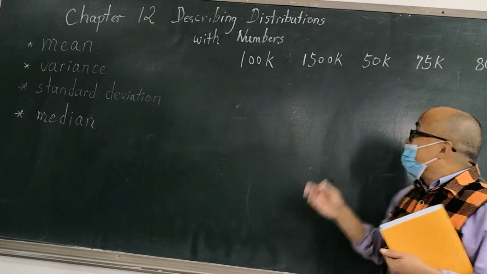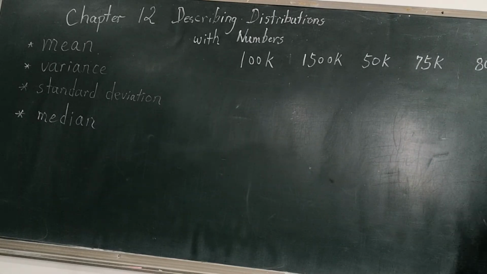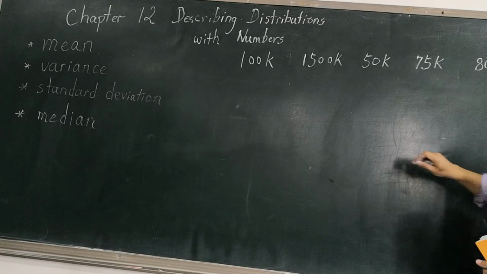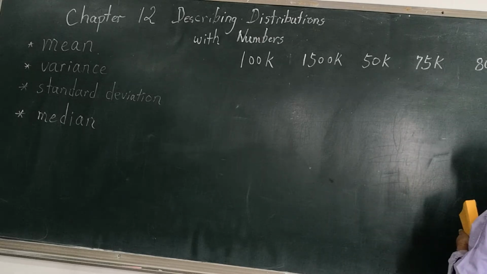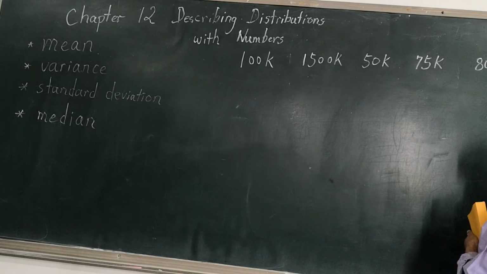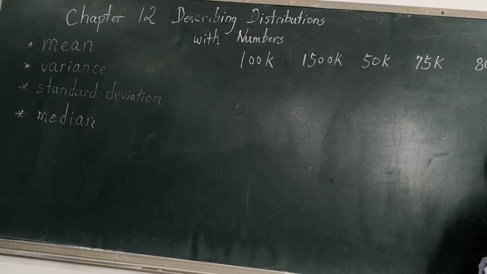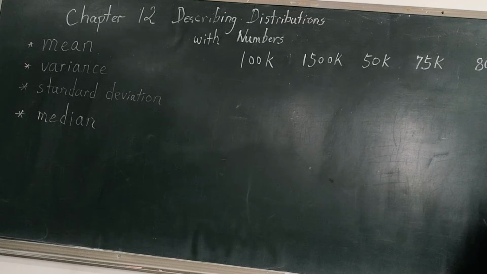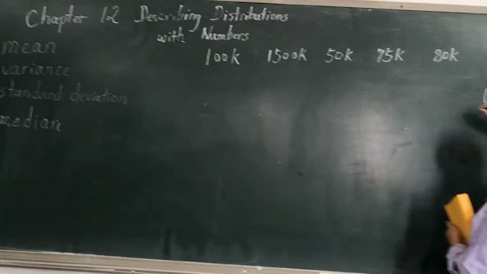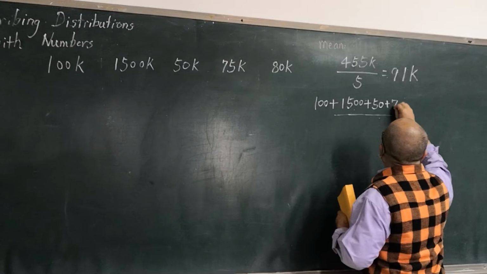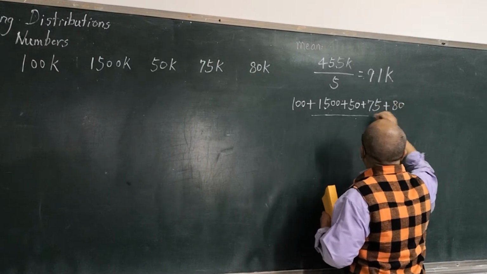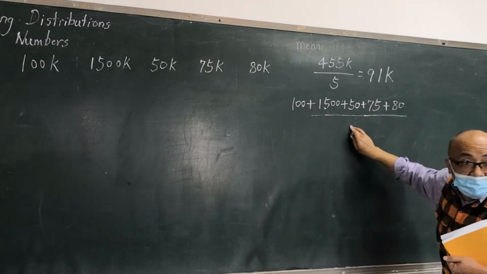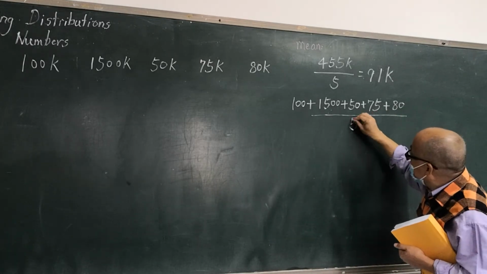Okay. Now what's the average? What's the mean? I write down the formula: 100 plus 1,500 plus 50 plus 75 plus 80, divided by 5.